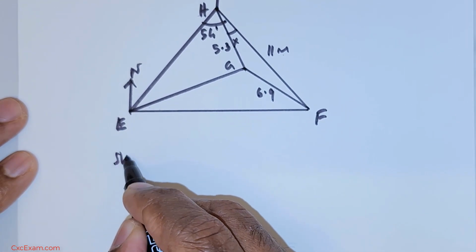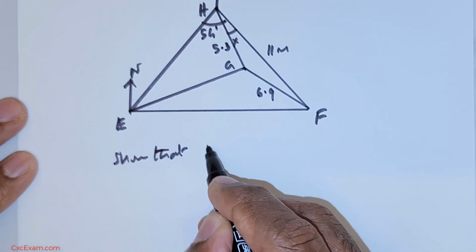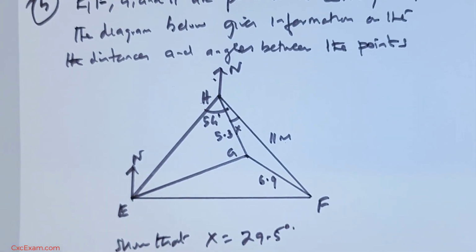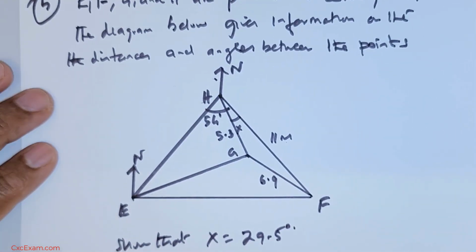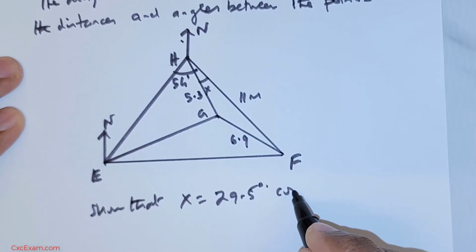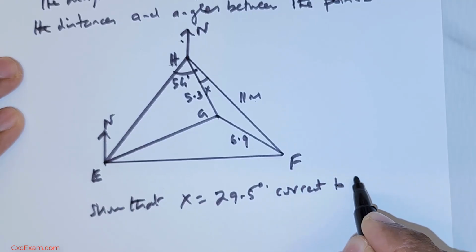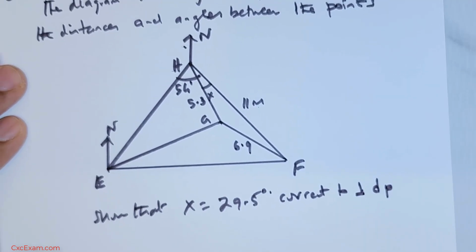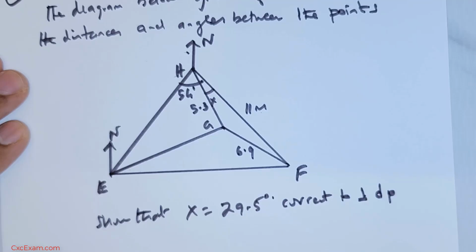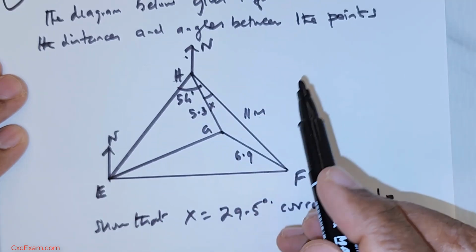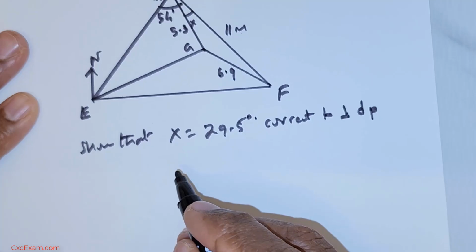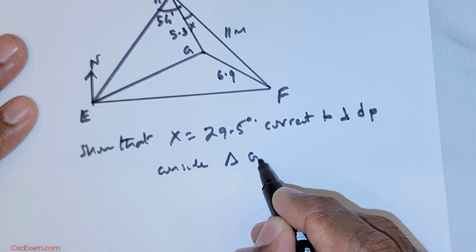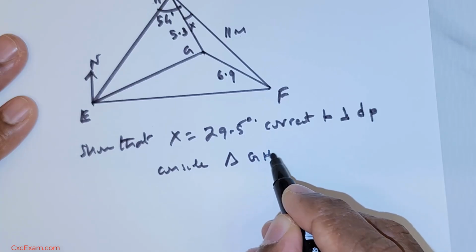So now we are asked to show that X is 29.5 degrees, correct to 1 decimal place. Now this is X. So what we are going to do is consider triangle GHF.